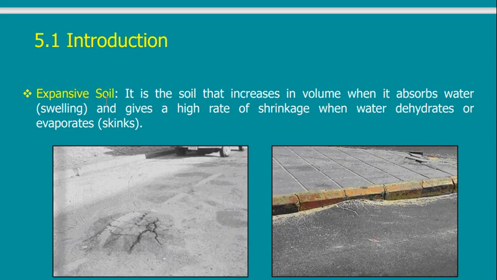Expansive soils, you can check this as just an example, but normal expansive soils are much more than that. This is the pavement, and you can see that there is a bulge here and here. What is the cause of this? Because there is a layer of expansive soil beneath this.